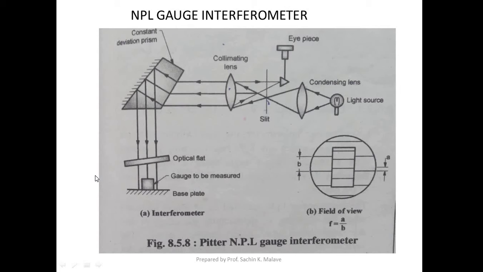In the previous case we found out whether the gauge surface is flat or not. Now in this case, it is assumed that the top of the gauge surface is truly flat, fully flat, and its edges are perfect.